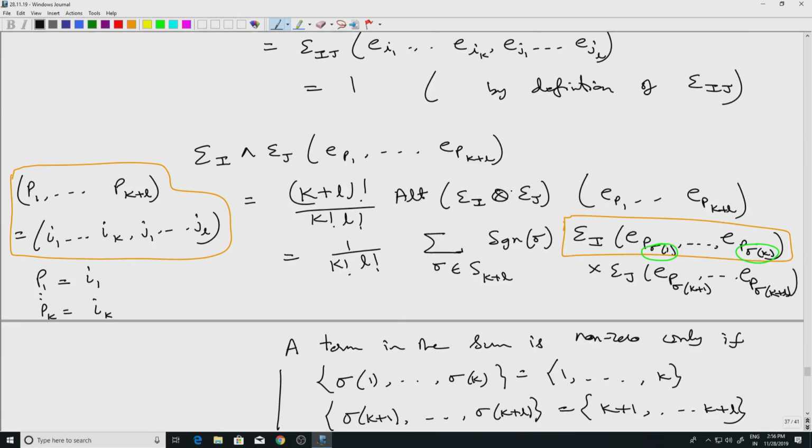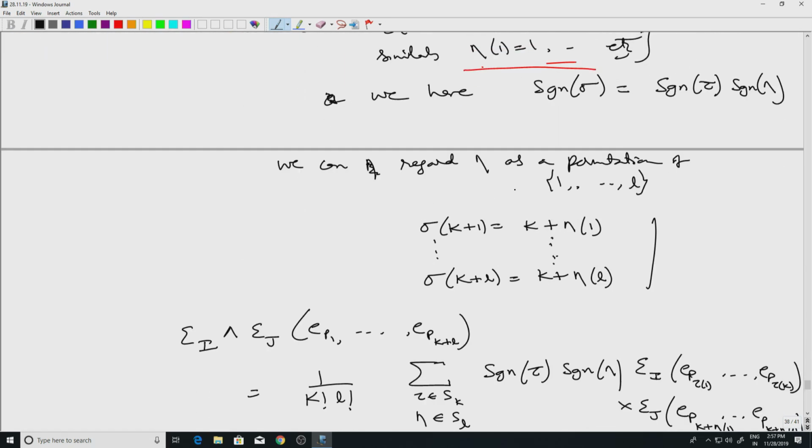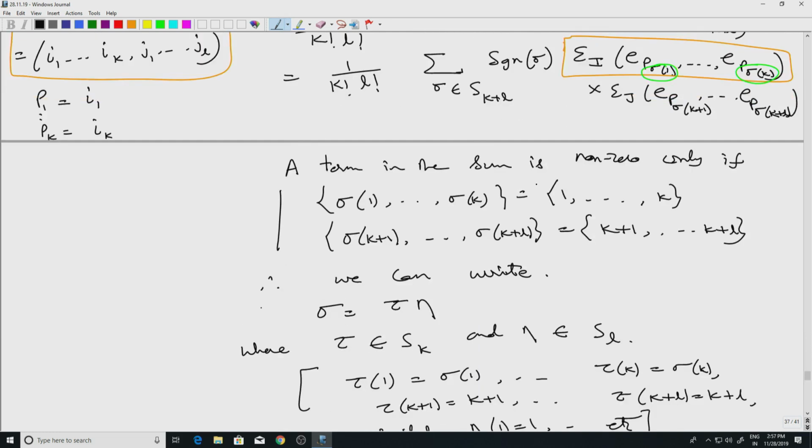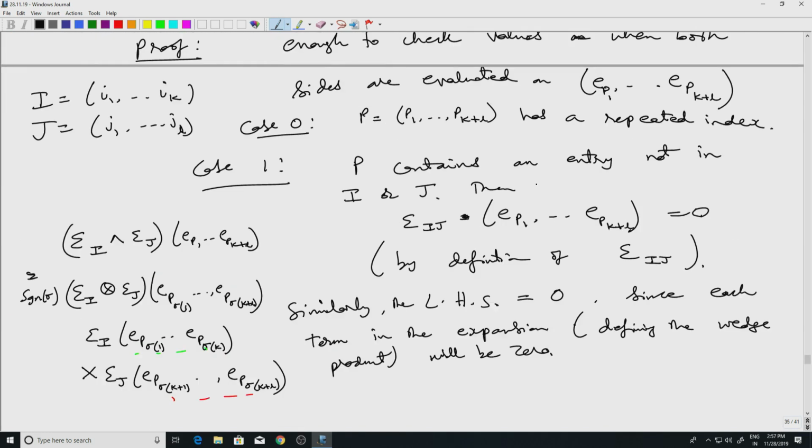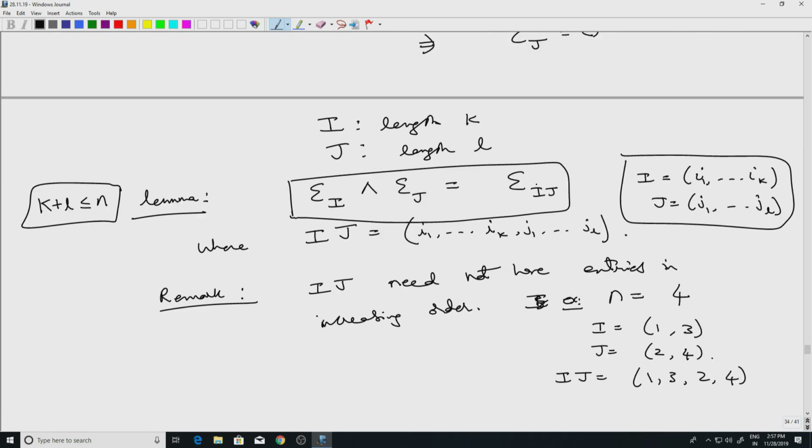But then you notice that if you have both sides equal, the final object of interest is this equation.